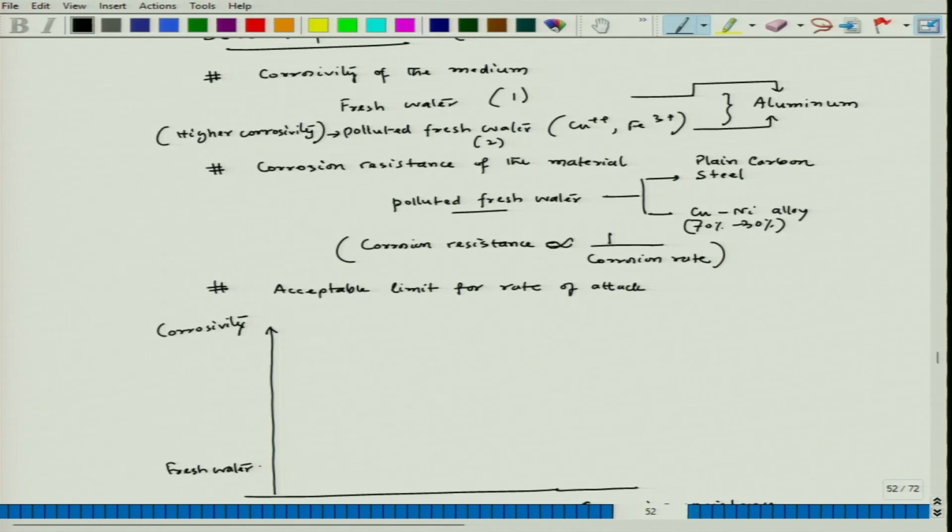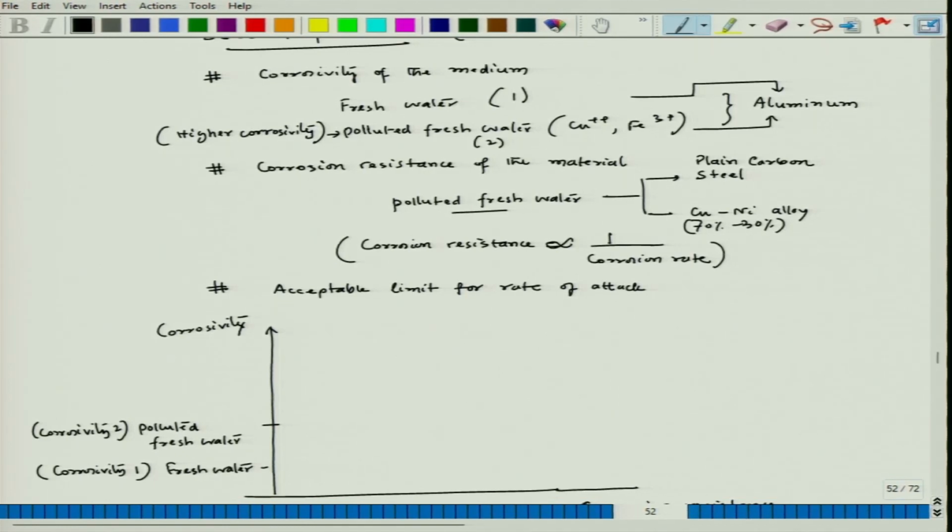indicating some corrosivity 1, and then polluted water, I can say corrosivity number 2. So, that way I can put all those corrosive solutions one above another.